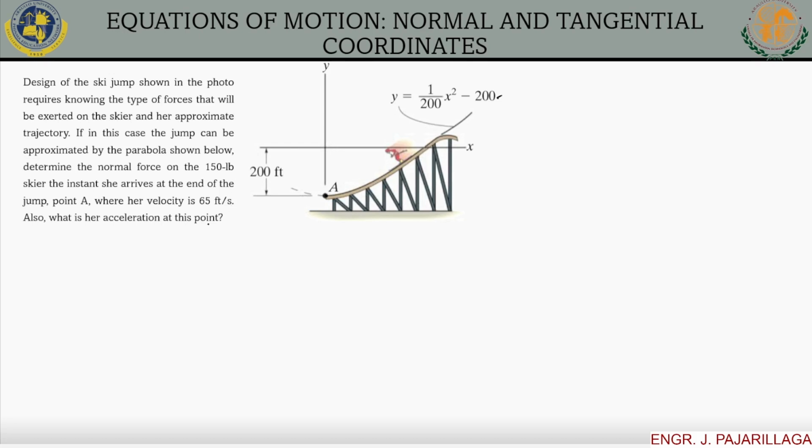Okay? Where her velocity is 65 feet per second. So, the velocity at this point is equivalent to 65 feet per second. So, also, what is her acceleration at this point?